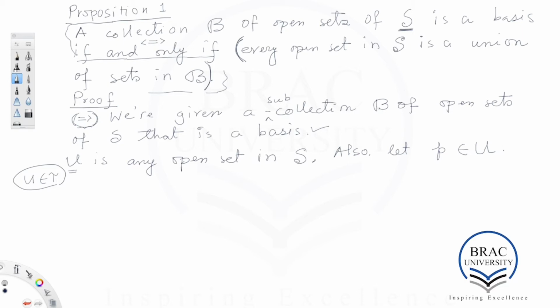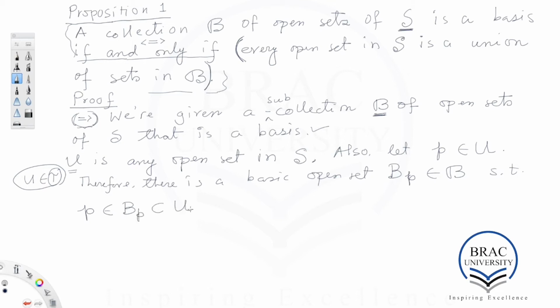Since this subcollection calligraphic B is a basis of this topology tau, there is a basic open set B_P in this subcollection B such that P is in B_P, where B_P is contained in U, from the definition of basis of a topology. We defined it earlier.